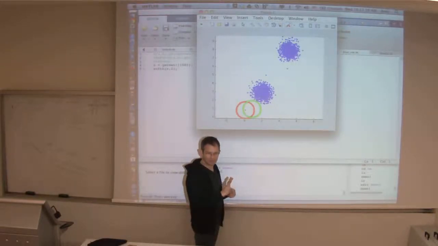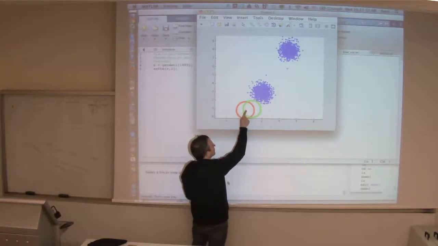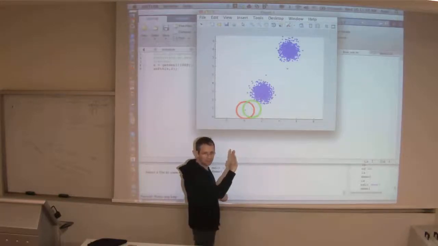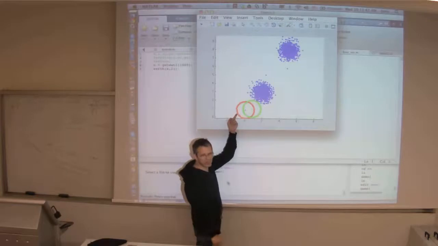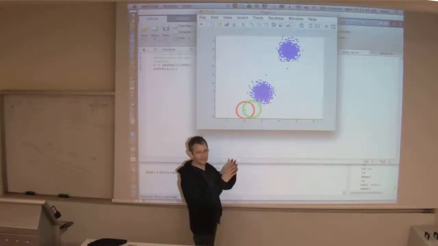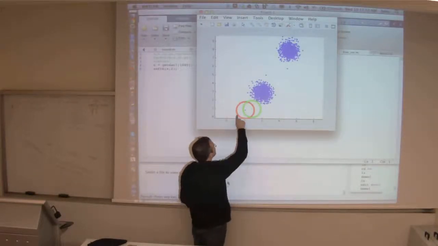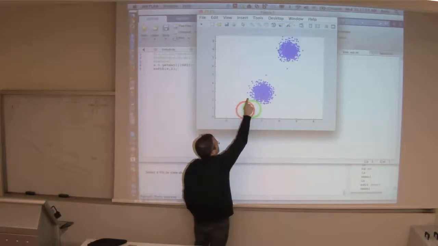You understand? So in the red Gaussian, all these points have the same probability under this model. So what covariance did I start with? What does it look like? It's the identity matrix. It's an identity covariance because it has the same variance in both directions.